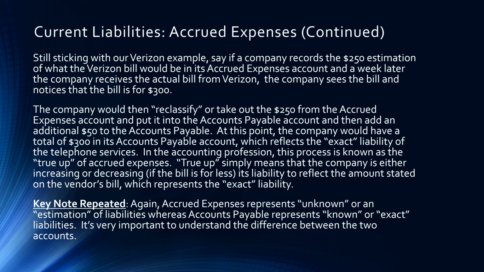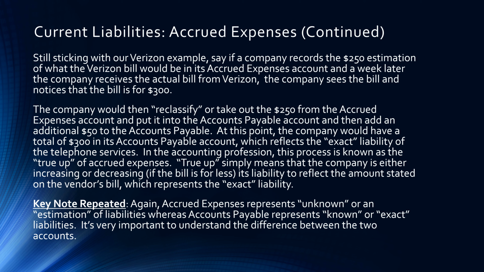So sticking with our Verizon example, say a company records the $250 estimation of what the Verizon bill would be in its accrued expense account, and a week later they receive the actual bill from Verizon, and the company notices that the bill is actually $300 instead of the $250 that they recorded.